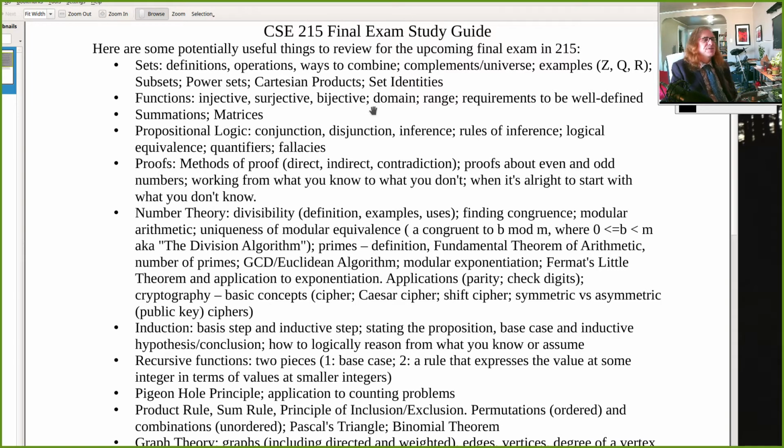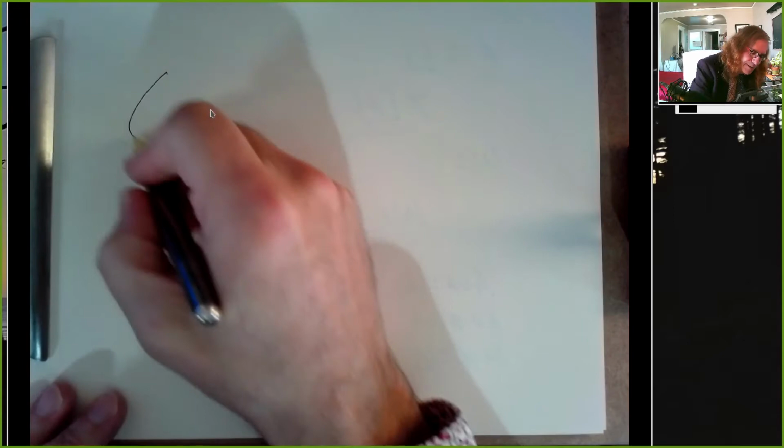And then there are these types of functions, characteristics of functions. Injective, surjective, bijective. Injective means different values mapped to different things. Okay, so here's a picture to keep in mind.